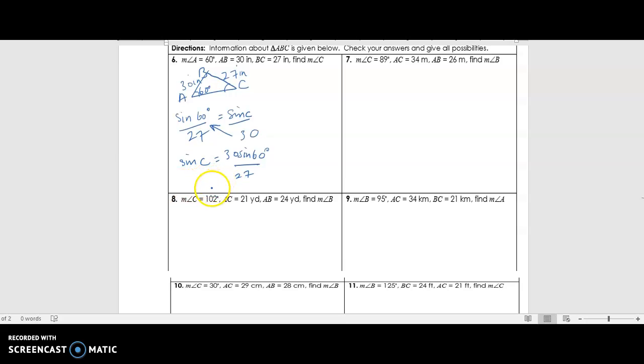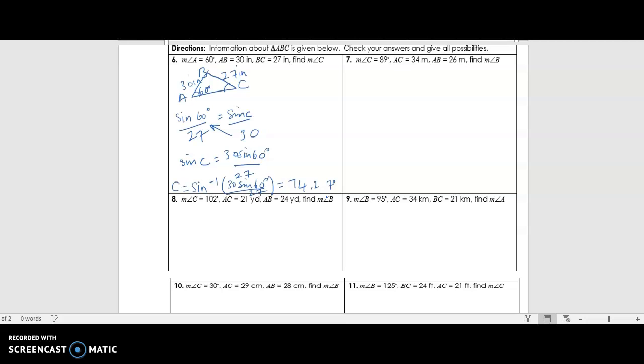So this will come out to be C equals inverse sine of all this, 30 sine 60 over 27. You can actually directly enter this into the calculator just like how you're writing it here. But make sure whenever you press sine, close a parenthesis around 60 degrees when you're entering in the calculator. So you will have one value to be 74.207. I'm going to write the decimals also here.